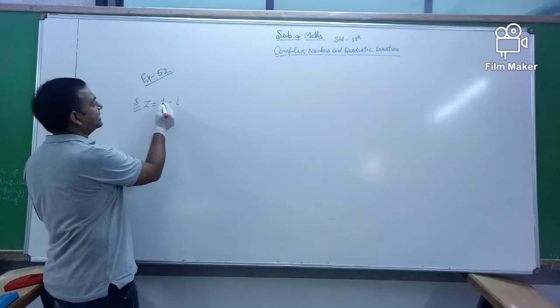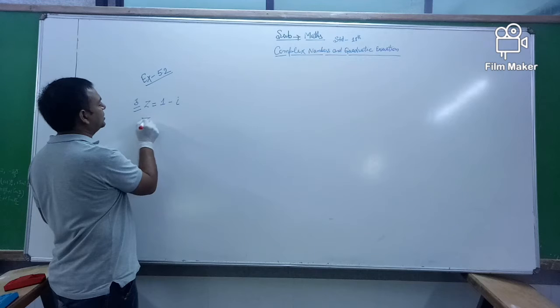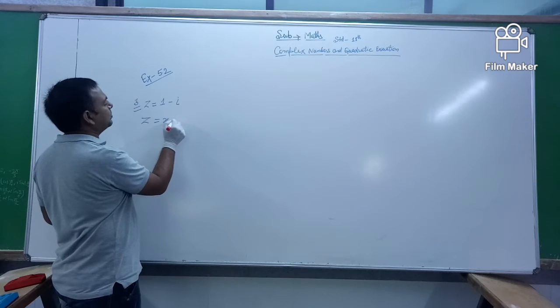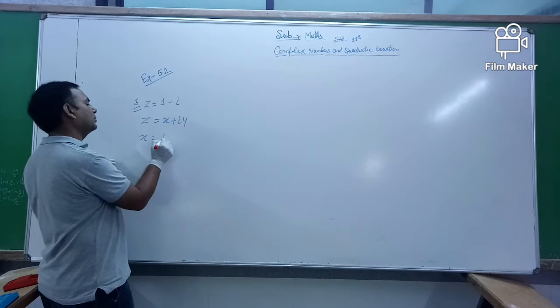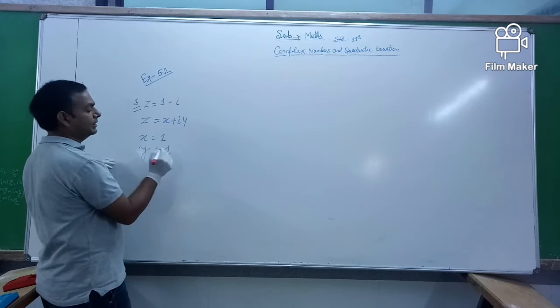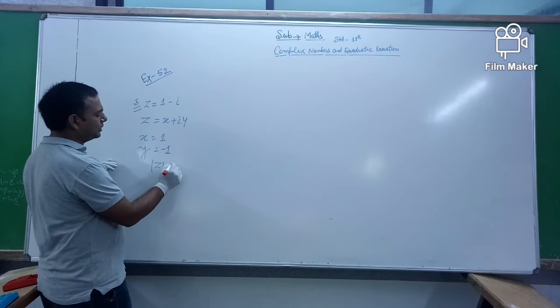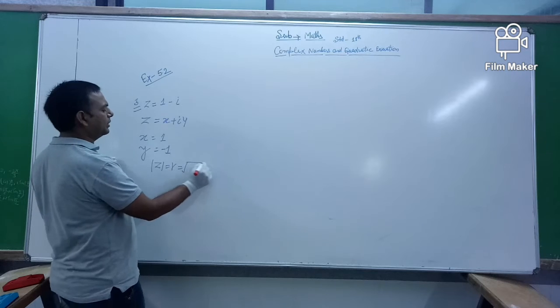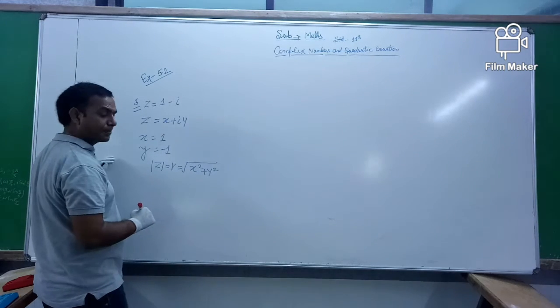First I write down z is equal to 1 minus i. Here the standard form is z is equal to x plus i y. Compare. So x is equal to 1, and y is equal to minus 1. Therefore, mod z is equal to r is equal to under root x square plus y square.